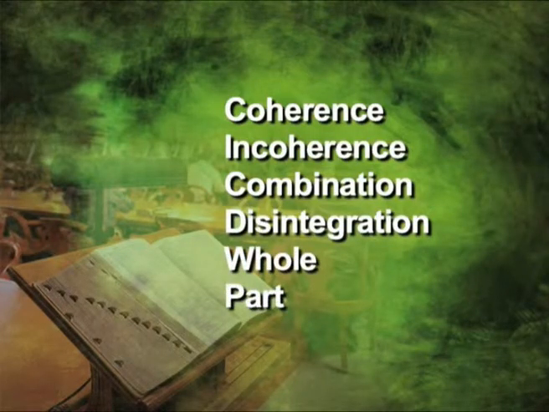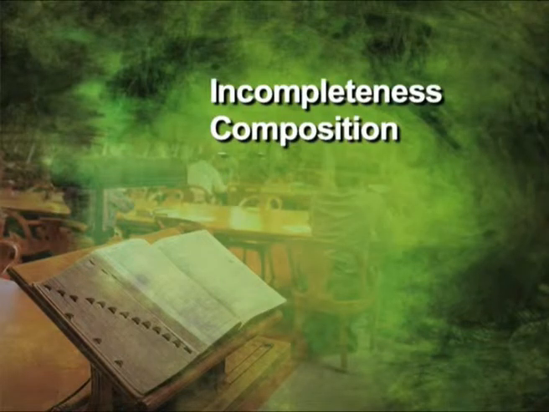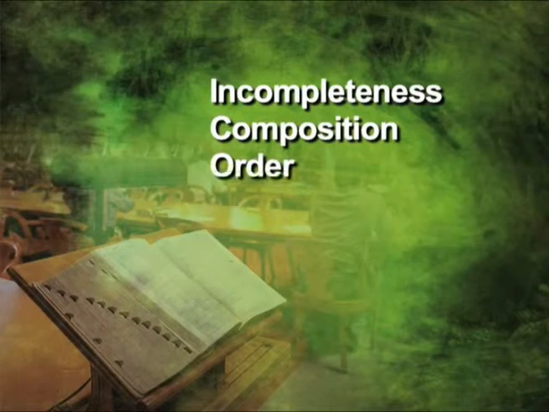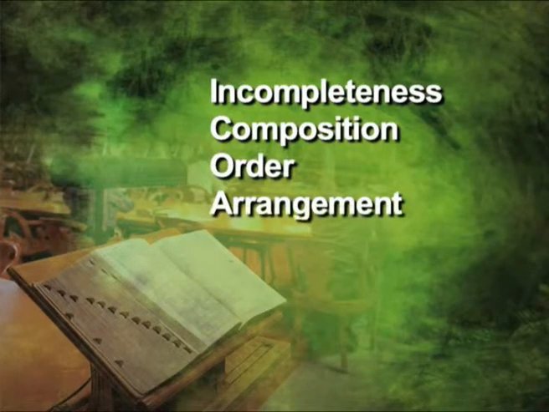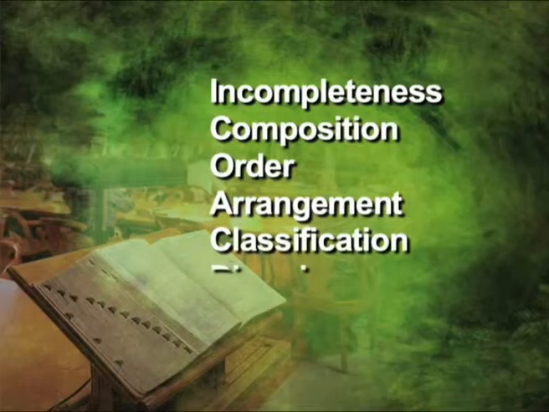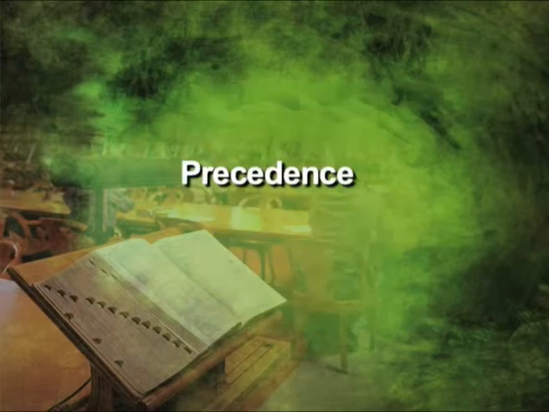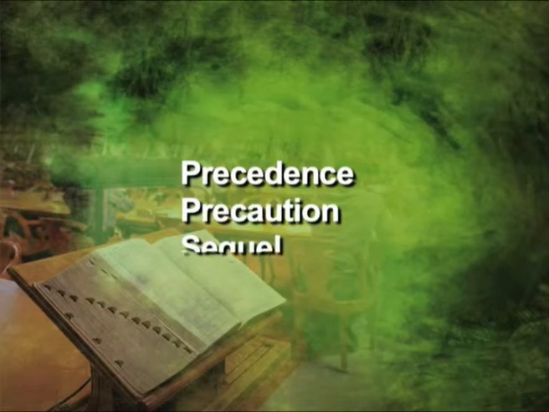You can see all this, the way he brings them together under one section. Incompleteness, composition, order, arrangement, classification, disorder, disarrangement, precedence, precursor, sequel. I am now reading actually the cluster groups.